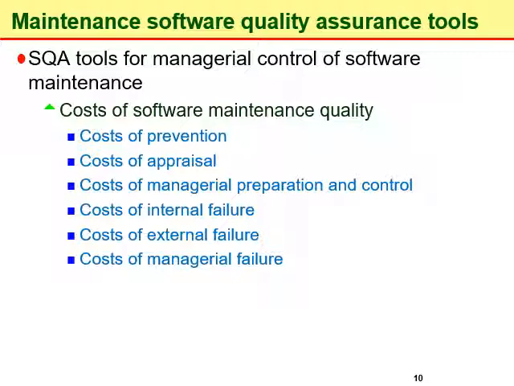So here we see that the 3 types of managerial control issues, that is the performance control for corrective maintenance services, quality metrics for corrective maintenance, and cost of software maintenance quality, should be properly taken care of to improve the quality of maintenance services.